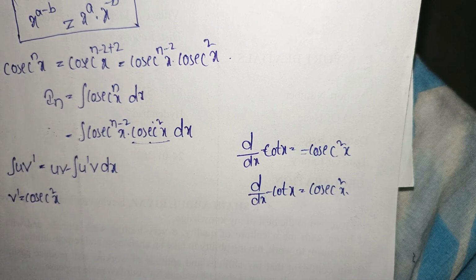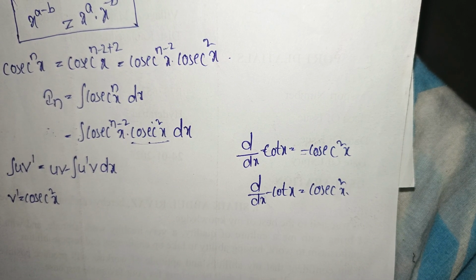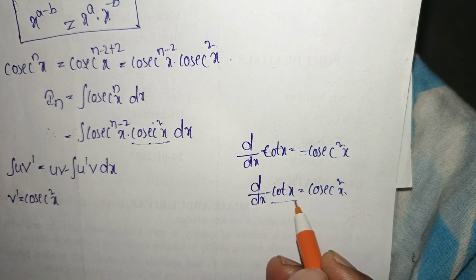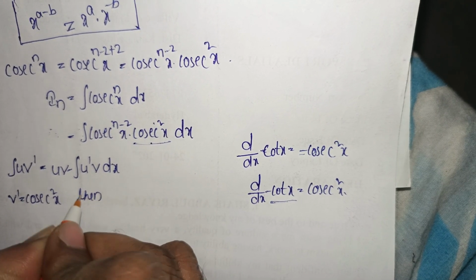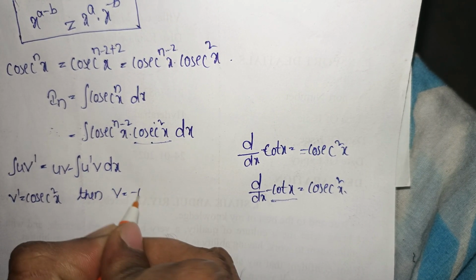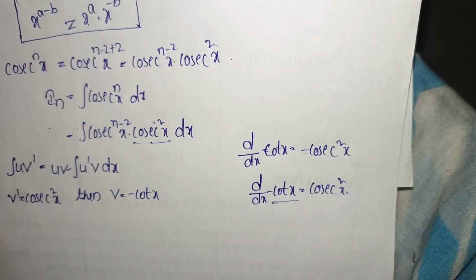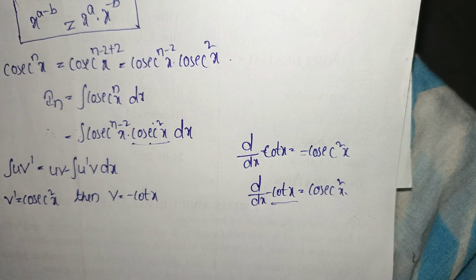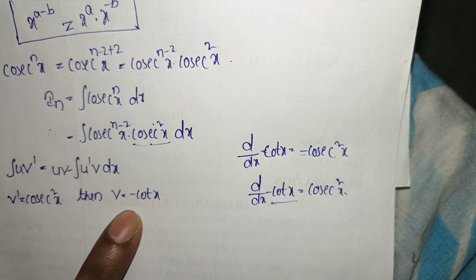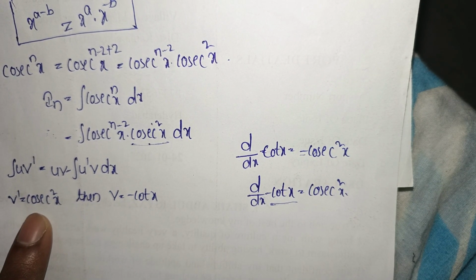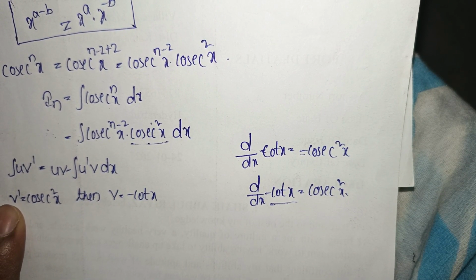So then what is v? Guess here. Simple. Then v equals minus cot x. Why? Because the derivative of minus cot x itself is cosecant square x. So this is v, and the result cosecant square x is the derivative, so this is v dash.